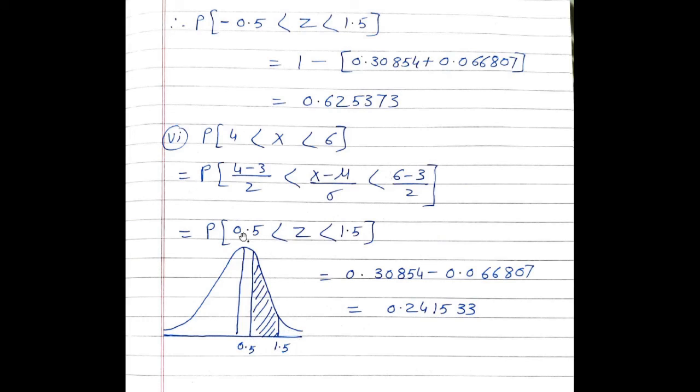So in such situations, from the 0.5 probability, I will subtract the 1.5 probability. So 0.30854 minus 0.066807. So the answer is 0.241533.